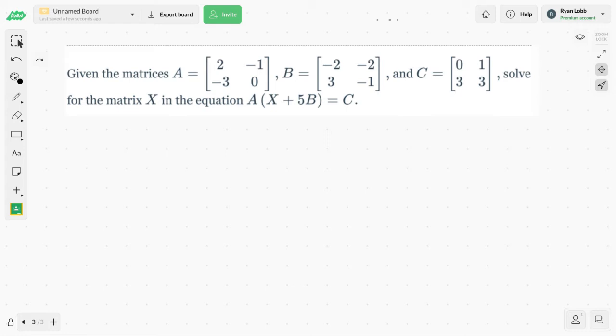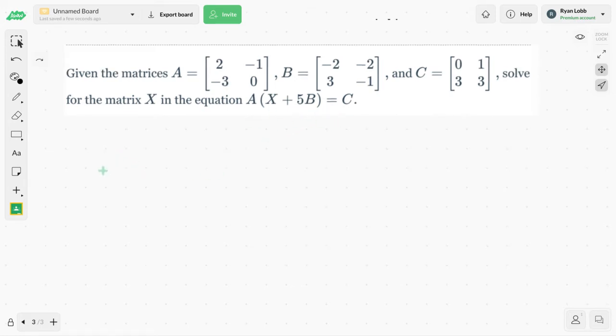So we have A, B, C here, and then we have this equation, A times this quantity equals C. There are a couple of ways you could do this, but really what you should do is first solve for X using the letters A, B, and C, then go ahead and do the operations with those matrices. I would not suggest substituting in for A, B, and C first, then working with that. Just work with this as is.